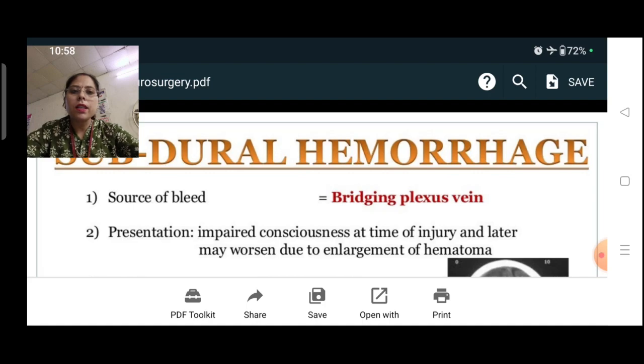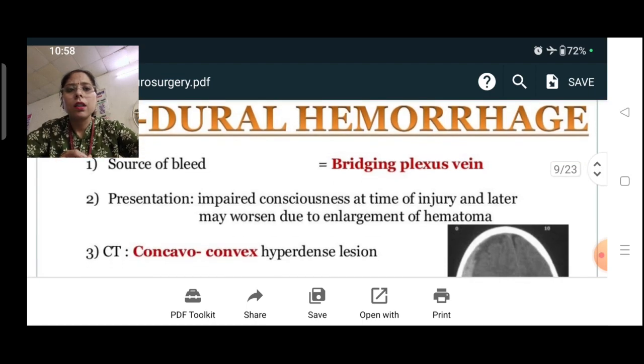The presentation is impaired consciousness at the time of injury, and later it may worsen due to the enlargement of the hematoma. Means the patient will lose his consciousness with time. That means the patient may remain unconscious for a longer period of time, and his or her condition will get worse day by day because the hematoma may keep on enlarging.